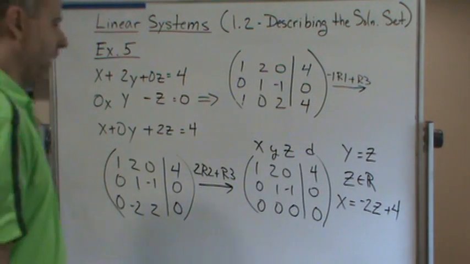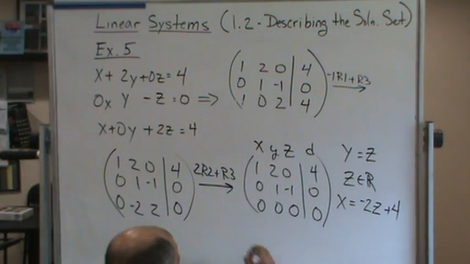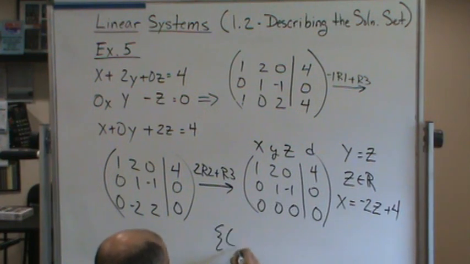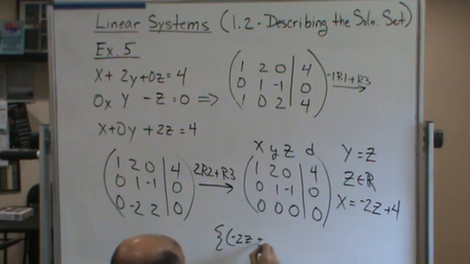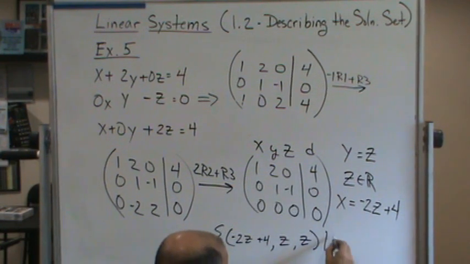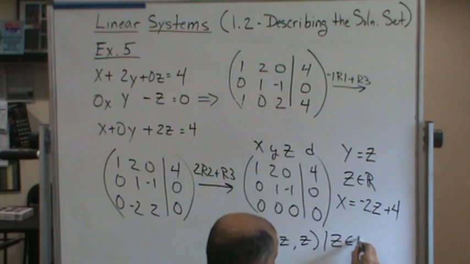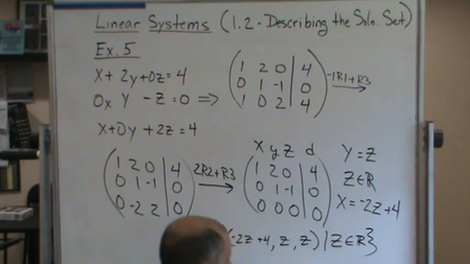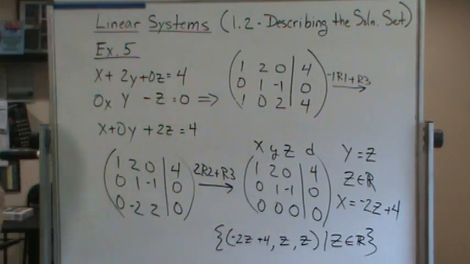The way we would write this in set notation is negative 2z plus 4, comma, z, comma, z, such that z is a real number. And that describes our solution set.